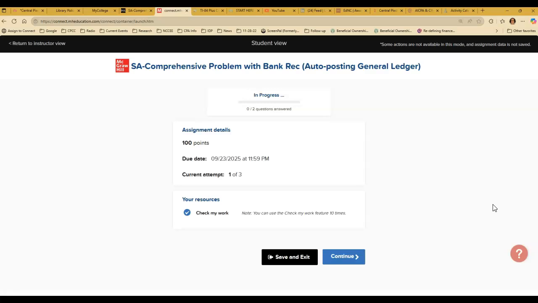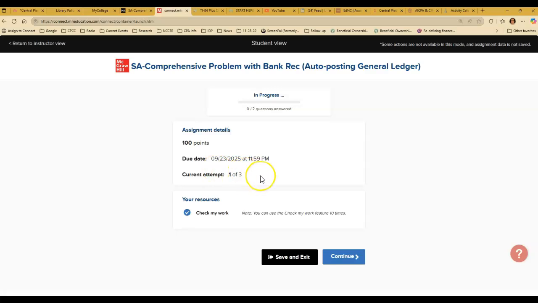Also keep in mind that in McGraw-Hill, once you key the number in there, if something happens, you did not just lose all of your work. Your work is out there. Even if you didn't hit the save button, you might miss that last input point or something, but all your other work is saved, so don't let that freak you out if your Wi-Fi goes out or whatever it might be. It's fine. But here is your comprehensive problem.